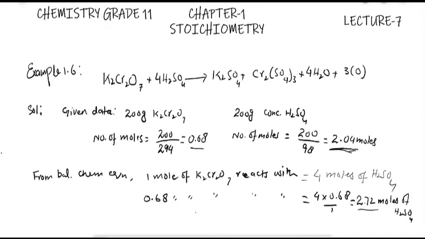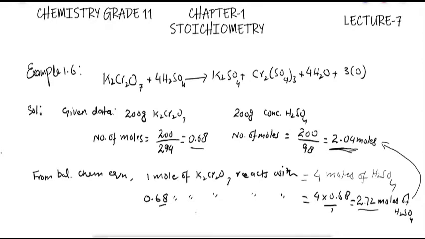So it is lesser than what is required for a complete reaction with 0.68 moles of potassium dichromate, which means that sulfuric acid is the reactant which is present in lower amount in terms of moles, because we need 2.72 moles, but we have 2.04 moles. That makes it a limiting reactant.